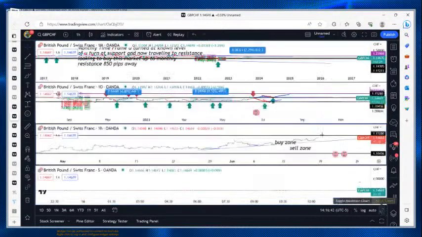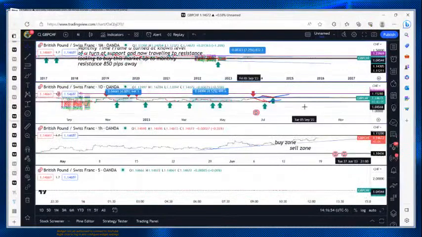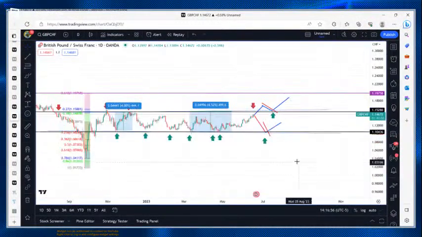So again, recap on this one real quick. I said we touched the known level U-turn at support, waiting for the market to go up, but we found some consolidation range the last couple of months. So until we can break out of that consolidation range and get a low price at support outside above resistance and consolidation, then we'll start looking to buy it on up.